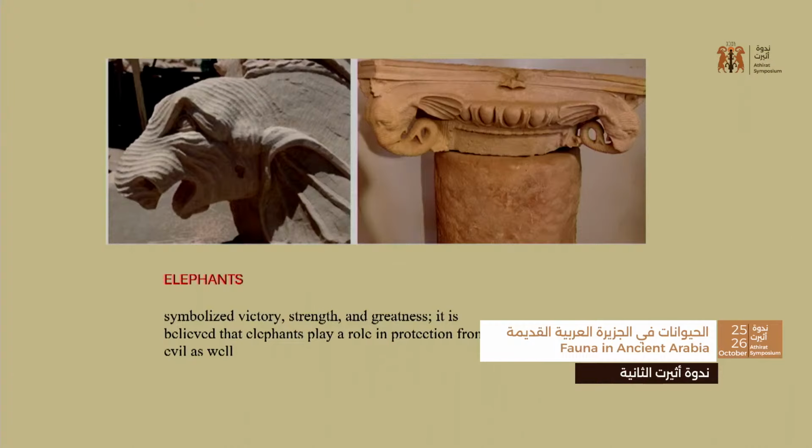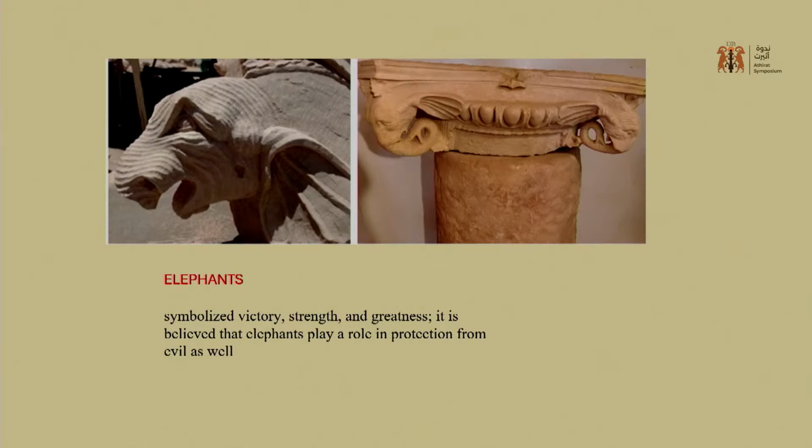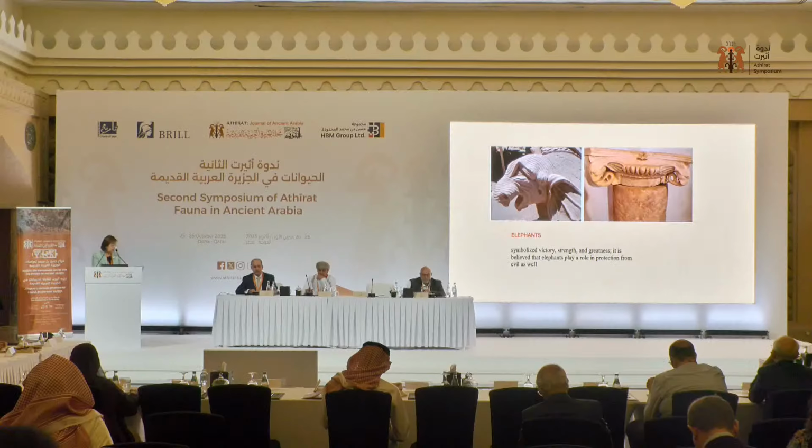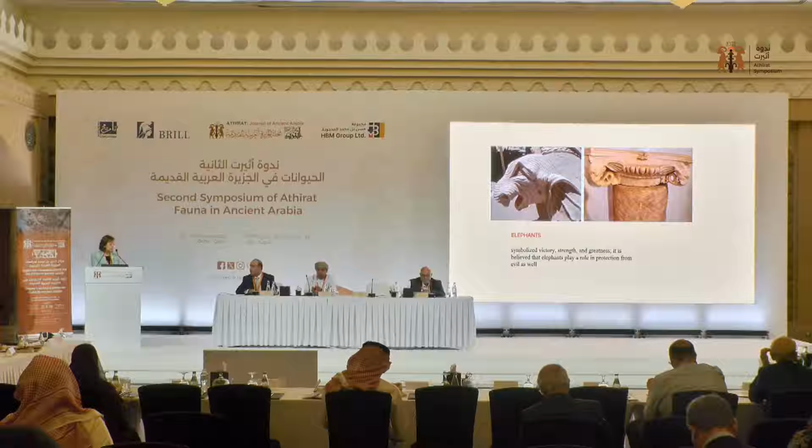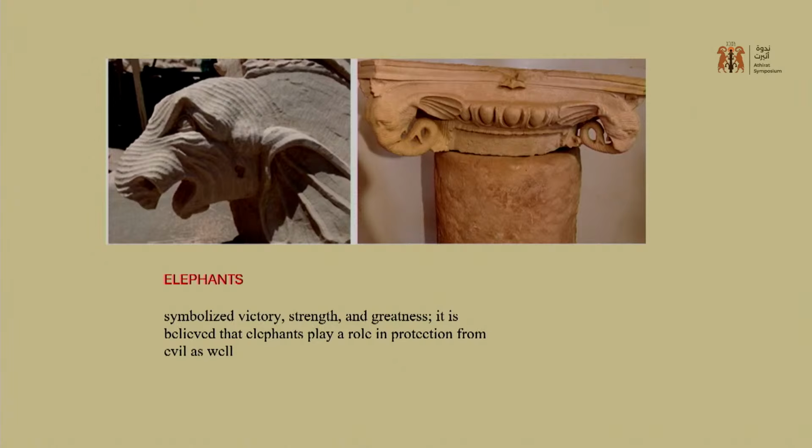Now the elephant. And you know, elephants, I think they don't live in southern Jordan, so either in India or in Africa. But elephant heads adorned the capitals of the columns they found in the great temple in Petra.